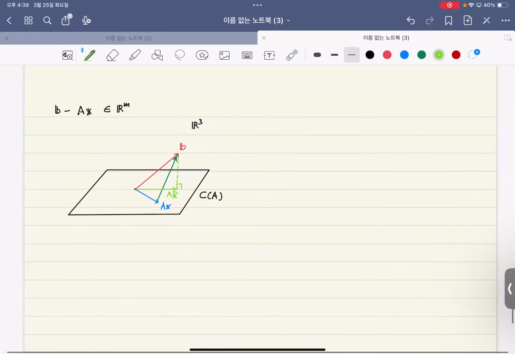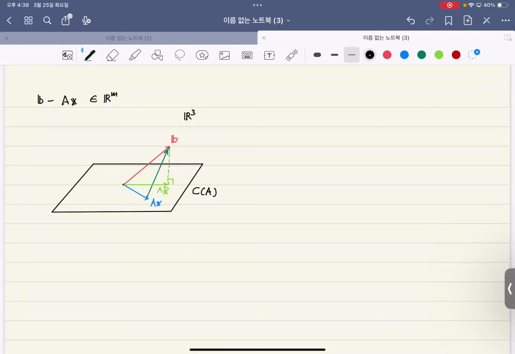So if X minimizes B minus AX squared, then B minus AX must be orthogonal to the column space.